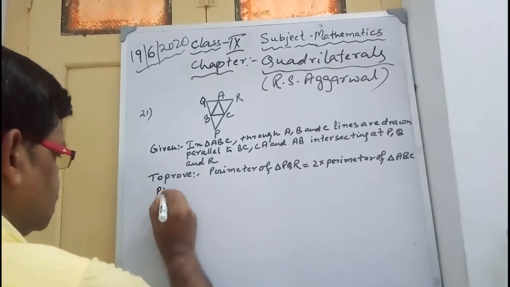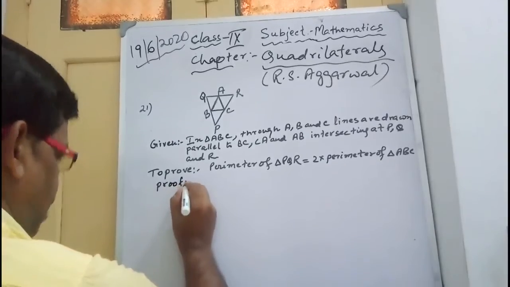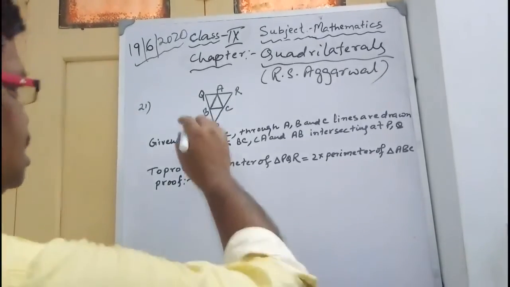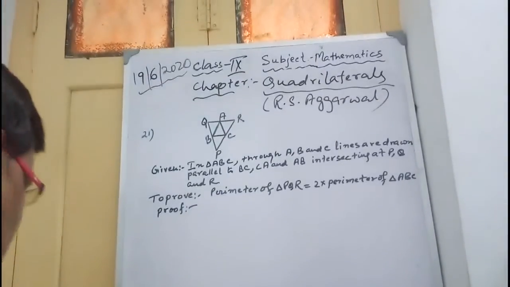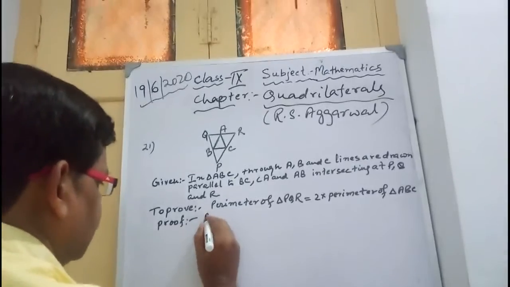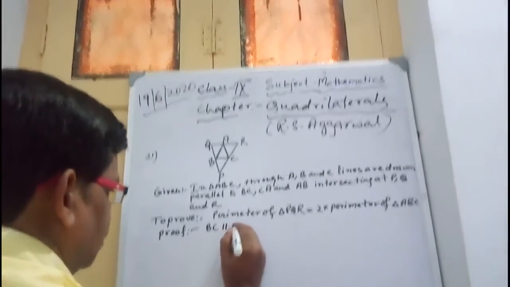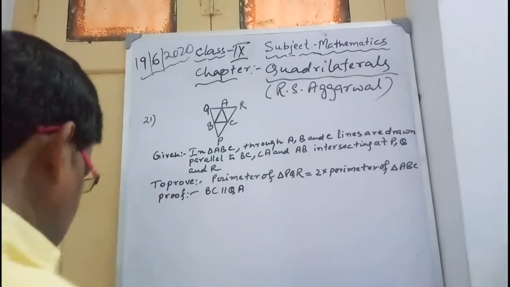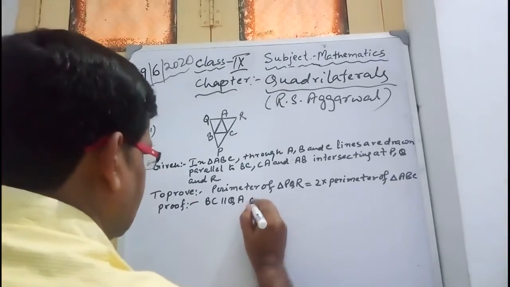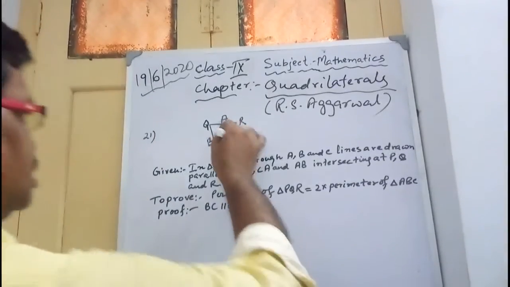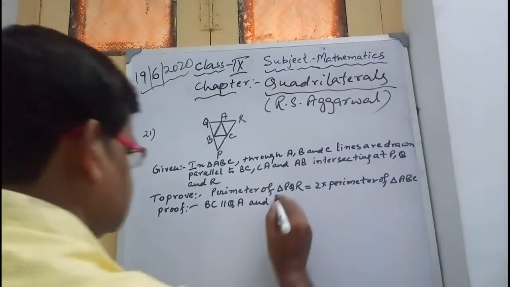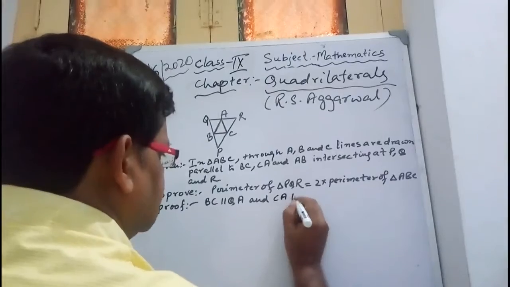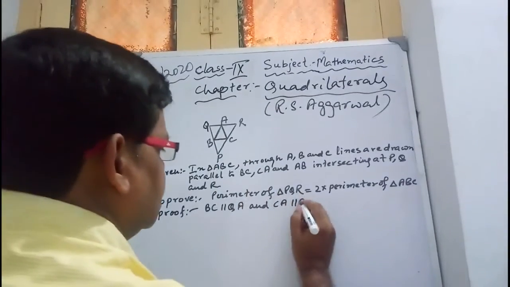Now proof. BC is parallel to QA, and CA is parallel to QB.